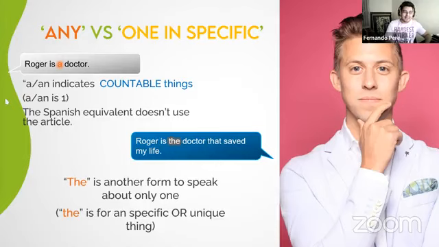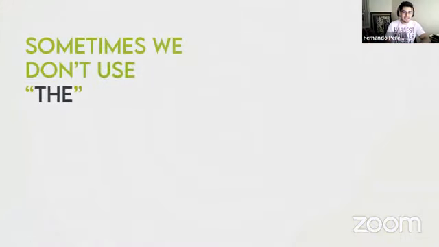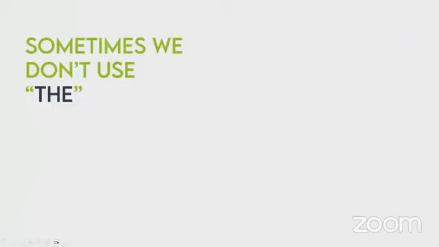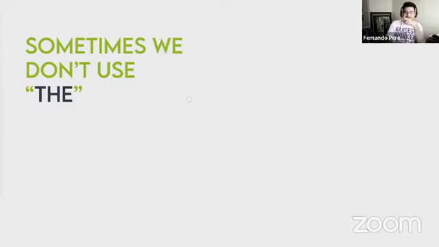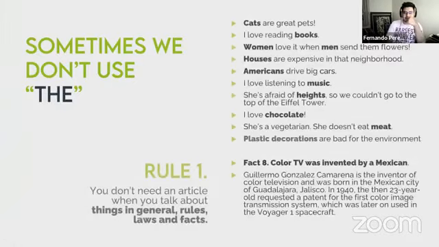The same thing happens in English, because if I tell you that in specific occasions, sometimes we don't use the. Attention here. Sometimes we don't use the article. Let me give you a demonstration.